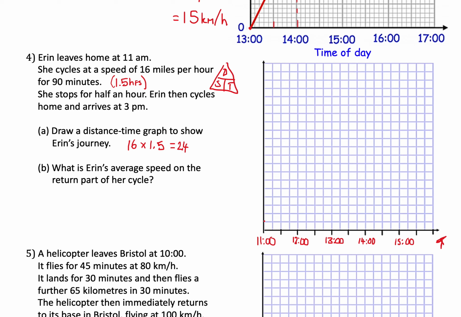So what could I go up in here? 1, 2, 3, 4, 5, 6, 7, 8, 9, 10, 11, 12, 13, 14, 15, 16, 17, 18. There's not quite enough space there, so maybe if I go up in 2s: 10, 12, 14, 16, 18, 24. Yeah, that will do.